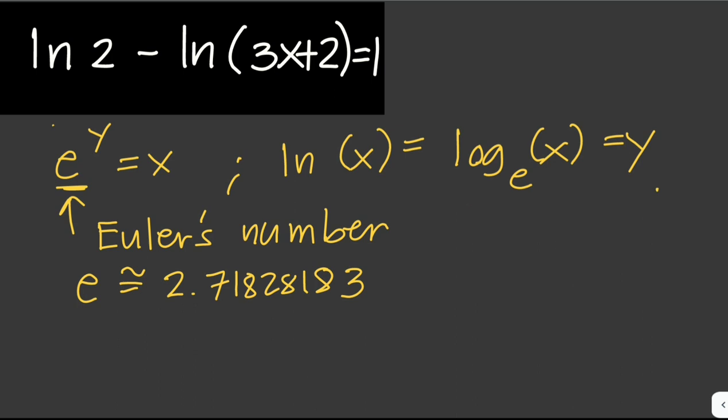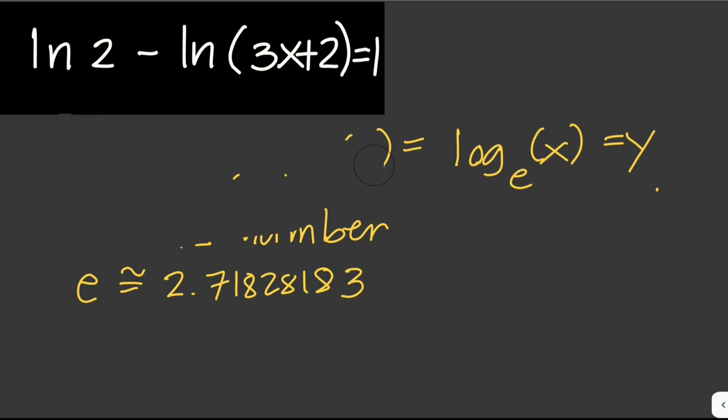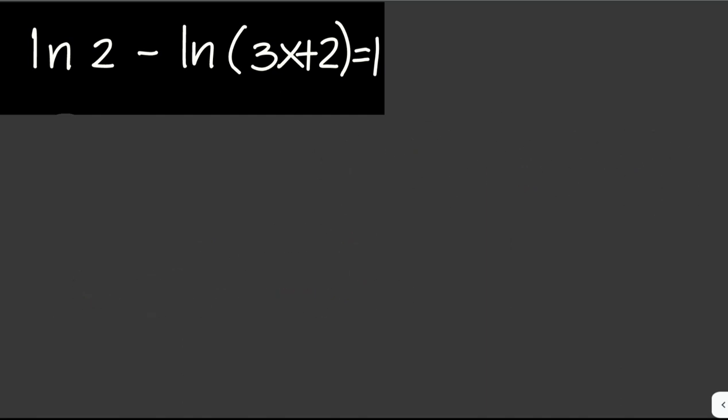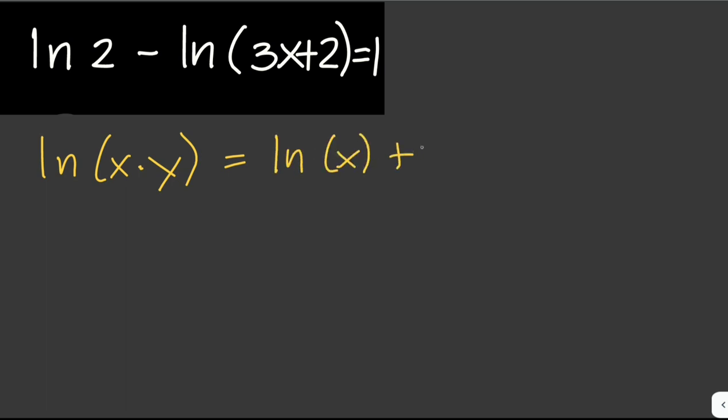Now let's discuss some natural logarithm rules and properties. Okay, so we have the product rule. ln of x times y, you can write this as ln of x plus ln of y.